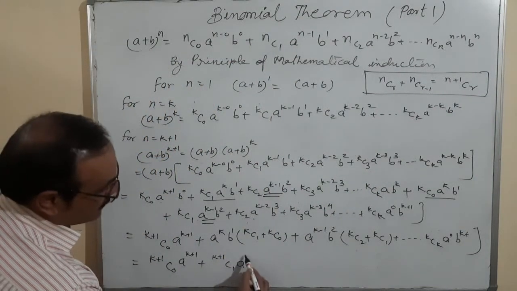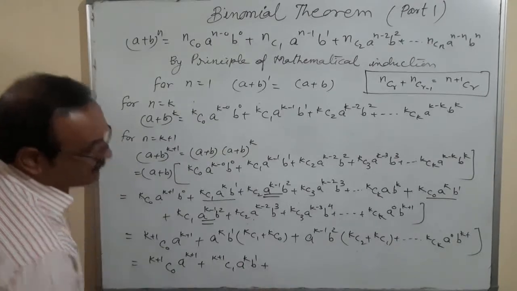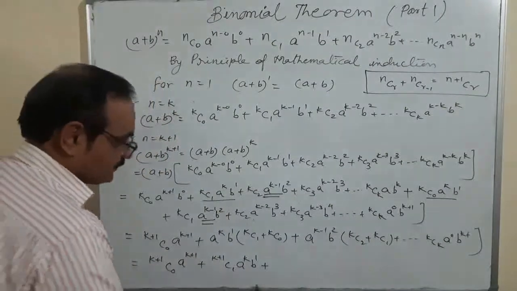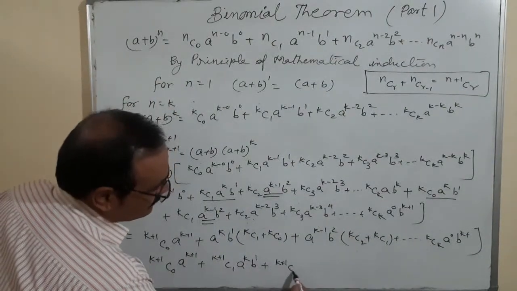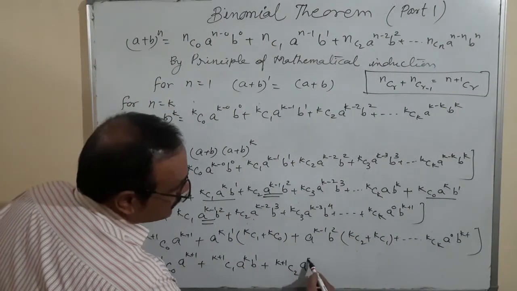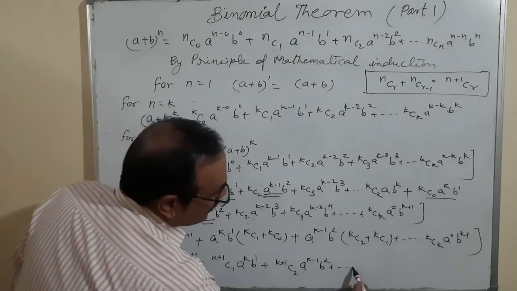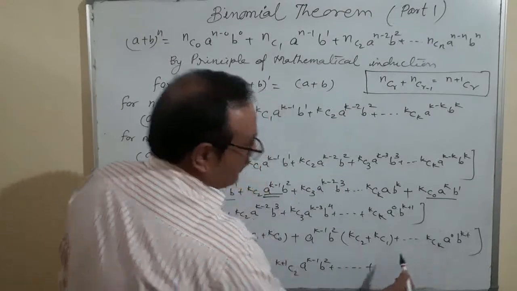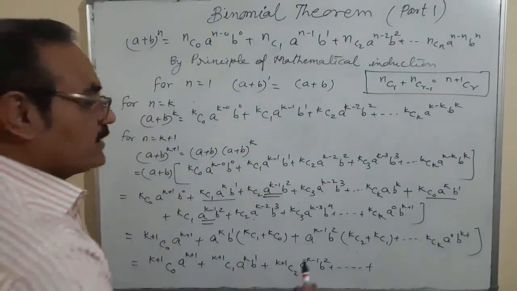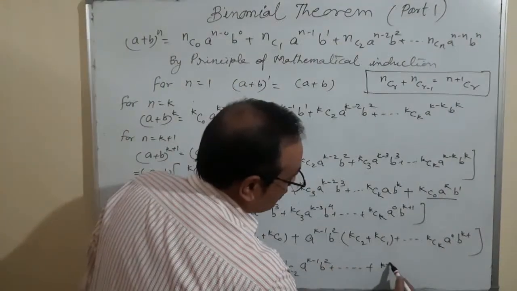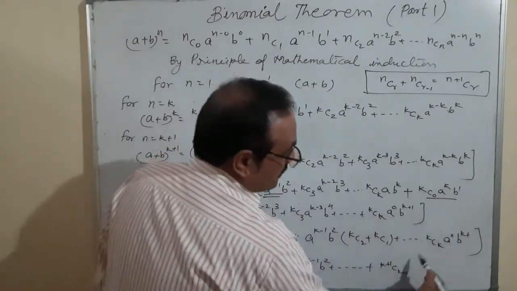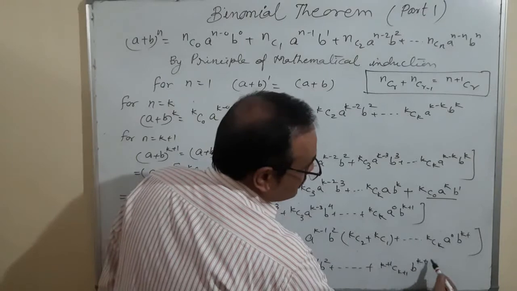a to the power k, b to the power 1, plus the same as kC2 plus kC1, k plus 1 C2, a to the power k minus 1, b to the power 2. And the last term, in place of kCk, simply you can write k plus 1 C k plus 1, because the value is the same, and b to the power k plus 1.